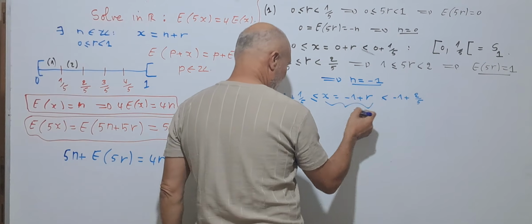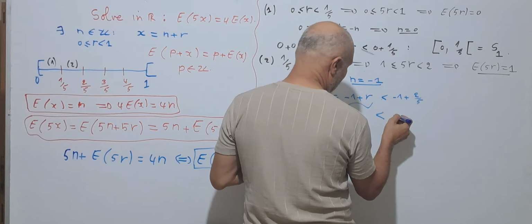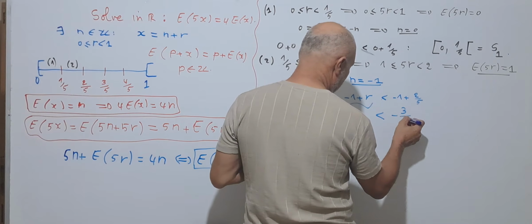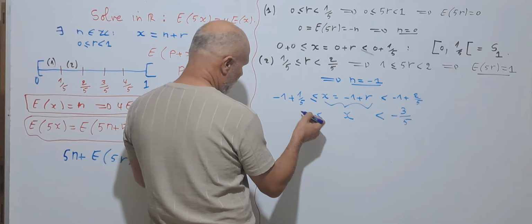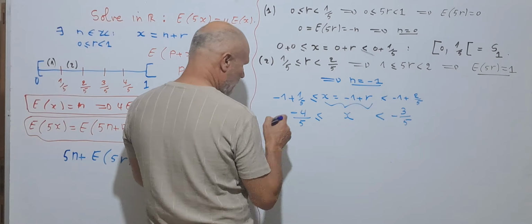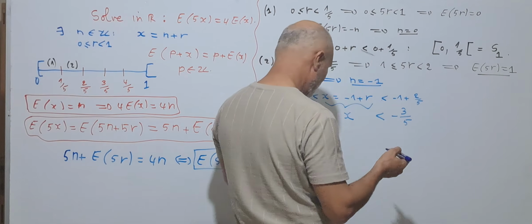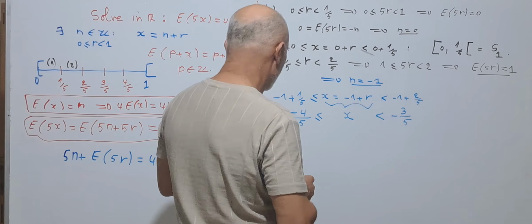So x is less than minus 3 over 5 and greater than or equal to minus 4 over 5.